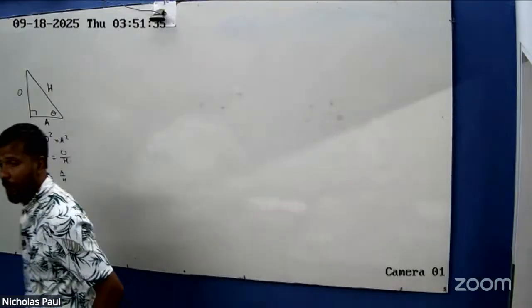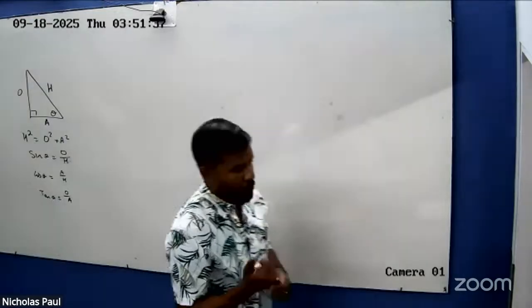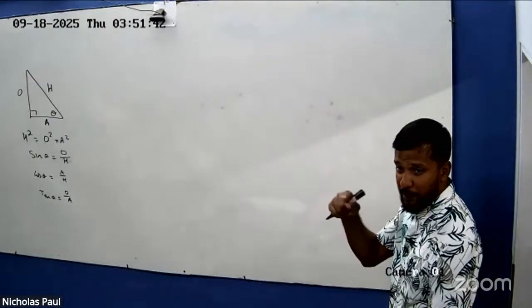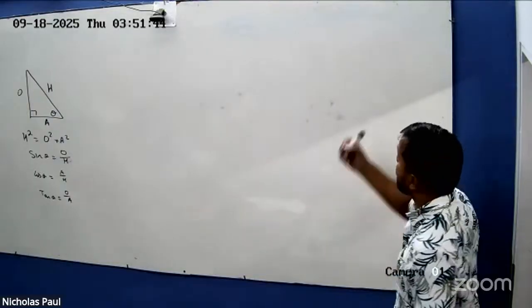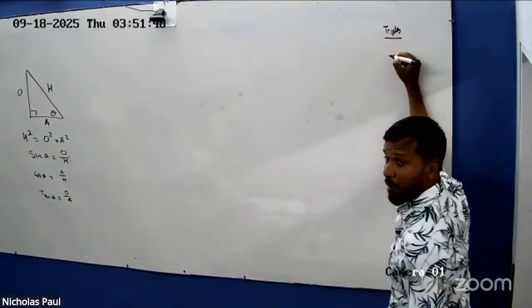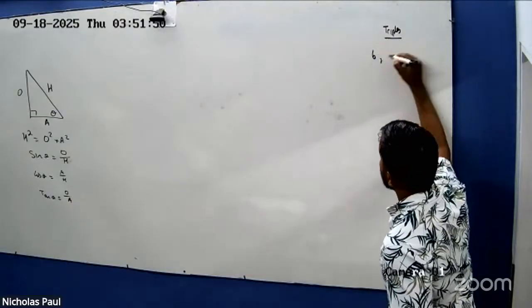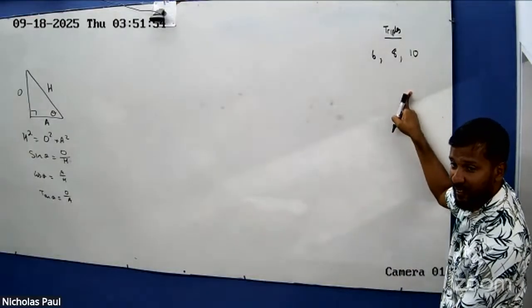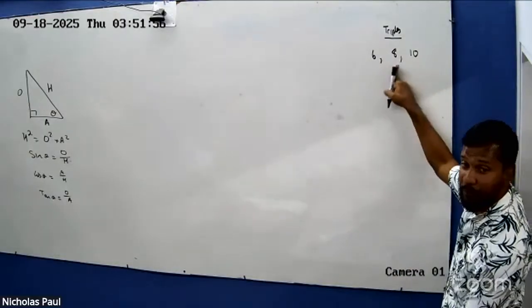By the way, what you all saw on the Kahoot, where they gave you three numbers and asked what type of triangle it is, those are called your Pythagorean triples. Those numbers always go together. So 6, 8, and 10 will always be a right angle triangle, hypotenuse and two sides.